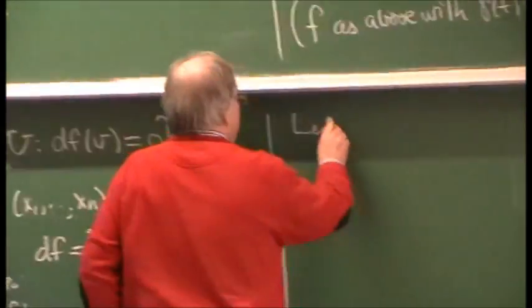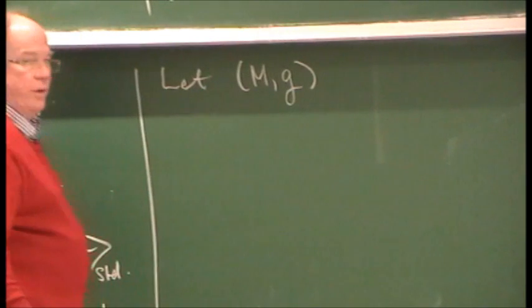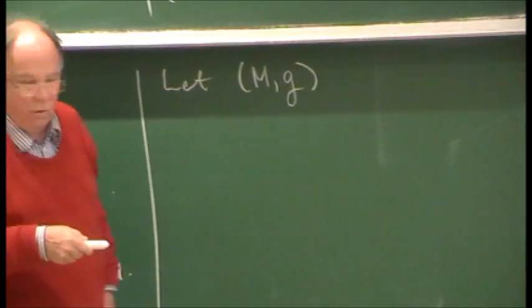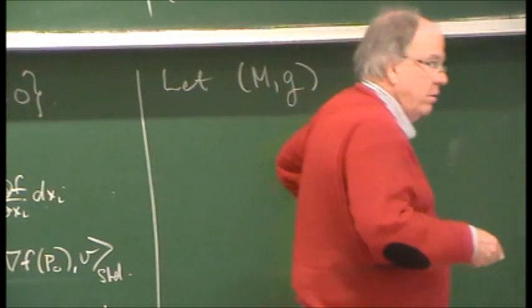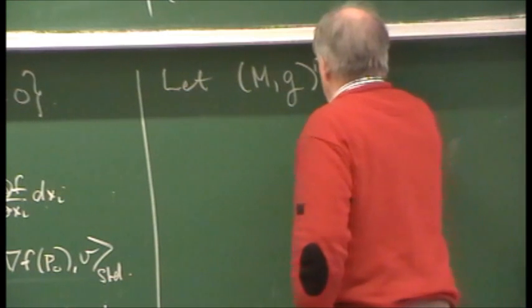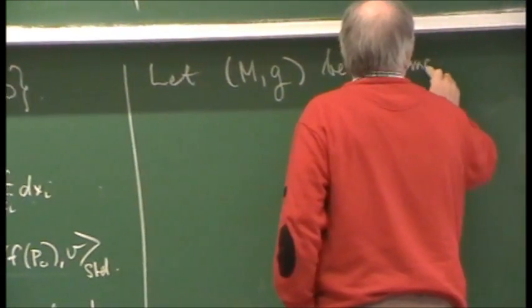So let (M, g), we don't need a Riemannian manifold for this, but I'll say Riemannian. You can have a Lorentzian manifold here. I only need the fact that the pairing is non-degenerate, but let this be a Riemannian manifold, as an example.